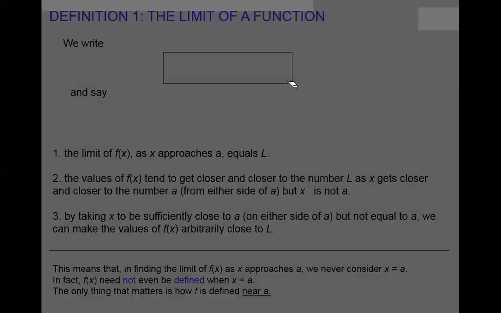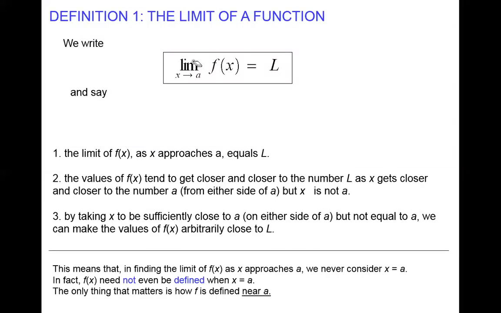And the general notation is the limit of the function f of x as x approaches any value a, the value that we pick, is equal to L. Then we have another description. You can pause the video and read it. We can see the value of the function f of x tends to get closer and closer to the number L as x gets closer and closer to the x value a, on both sides, of course.